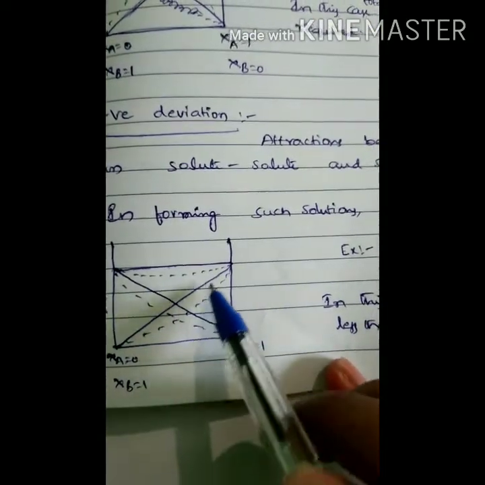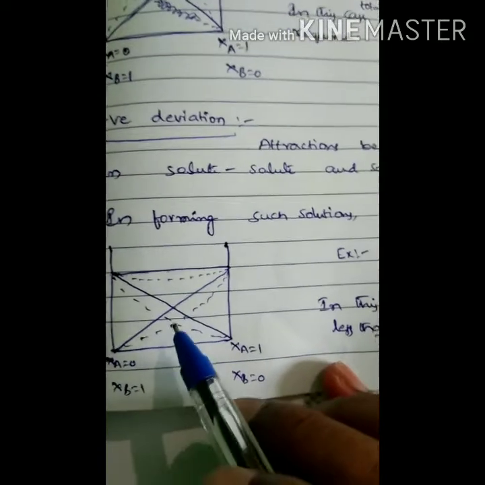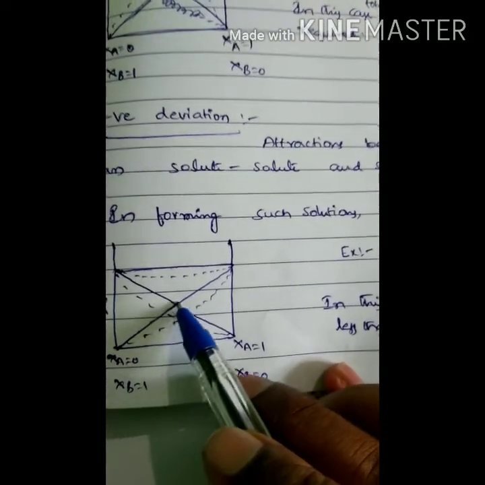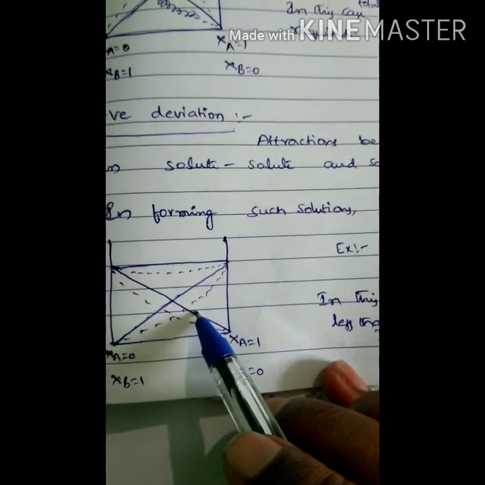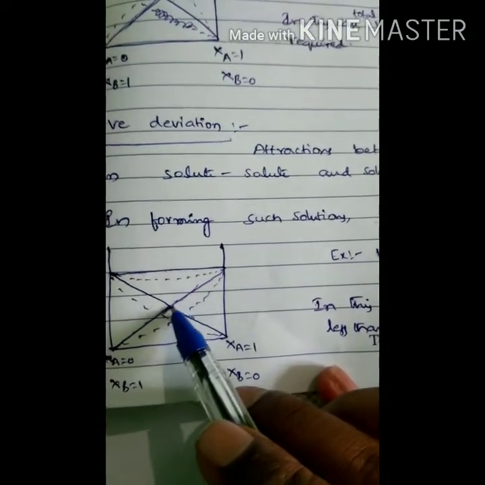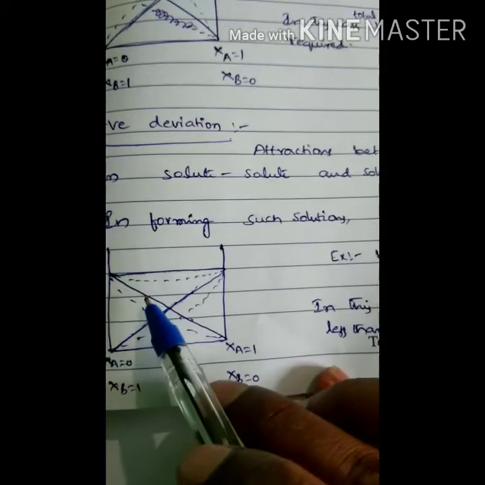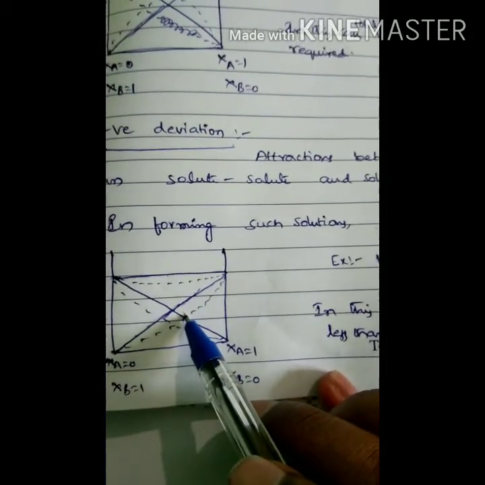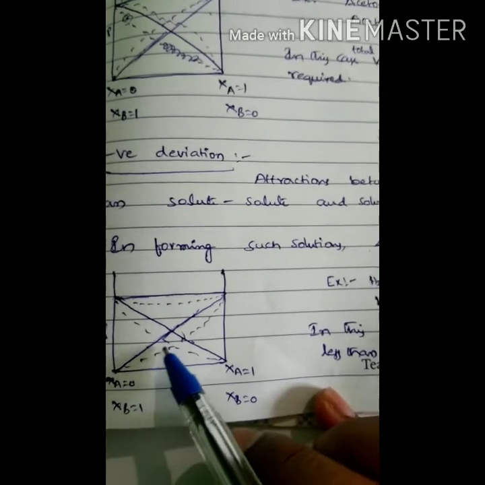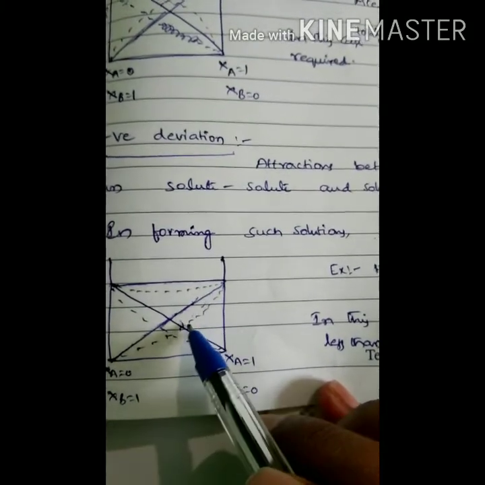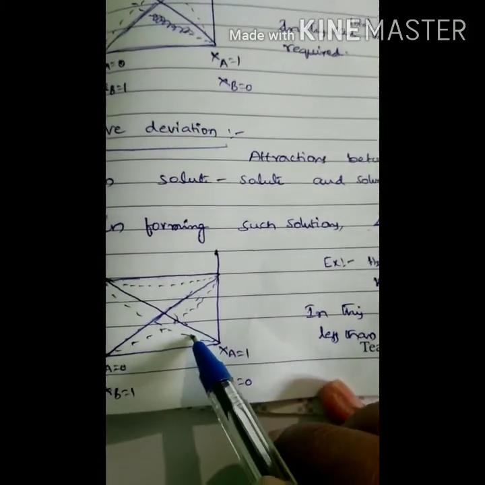This dark line indicates expected pressures, but this line indicates the vapor pressure of A. This line indicates the vapor pressure of B. This is the dotted line regarding the vapor pressure of A. This is the dotted line regarding the vapor pressure of B.